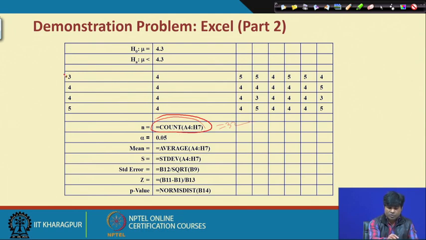For the mean you specify the range from F4 to H7, and similarly for the standard deviation F4 to H7, and the standard error is nothing but the standard deviation by root n. Whatever you get on the basis of the sample, you then find out the z value and compare it with the p value, on the basis of the normal distribution, and on the basis of these comparisons you come to the conclusion whether to accept the null hypothesis or reject the null hypothesis.